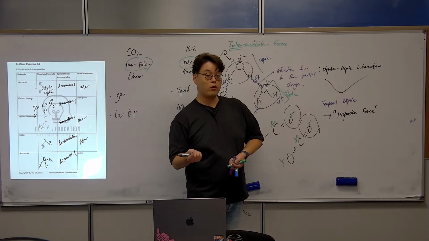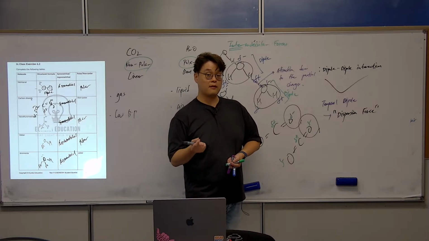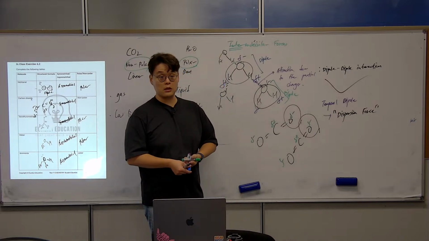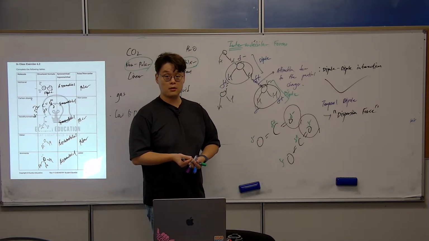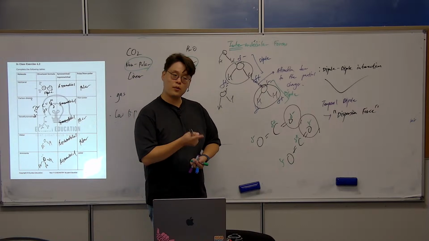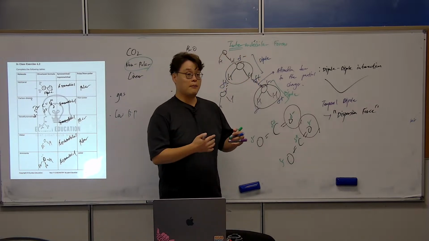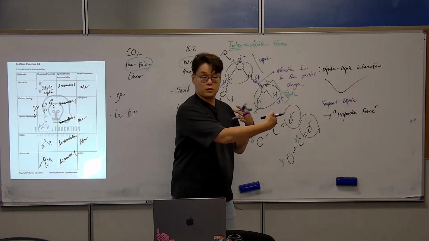CH4, methane: have you heard about methane gas or butane gas too? They come in a gaseous state because they don't have any polarities, only dispersion forces. We will discuss more about it in Year 12, but I'm simply covering some parts of Year 12 as well.